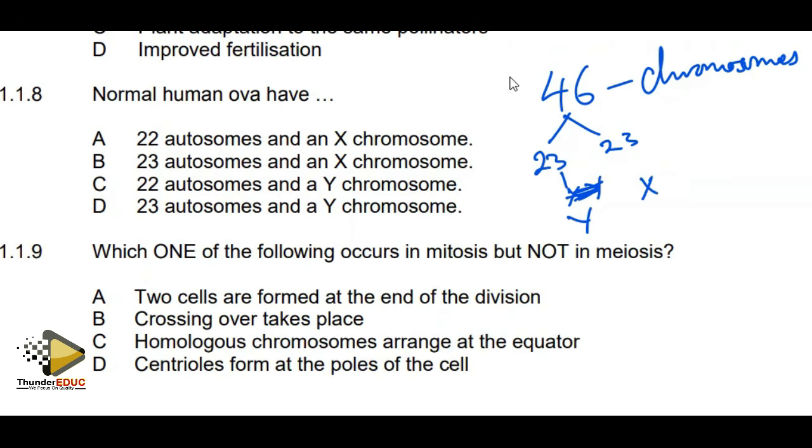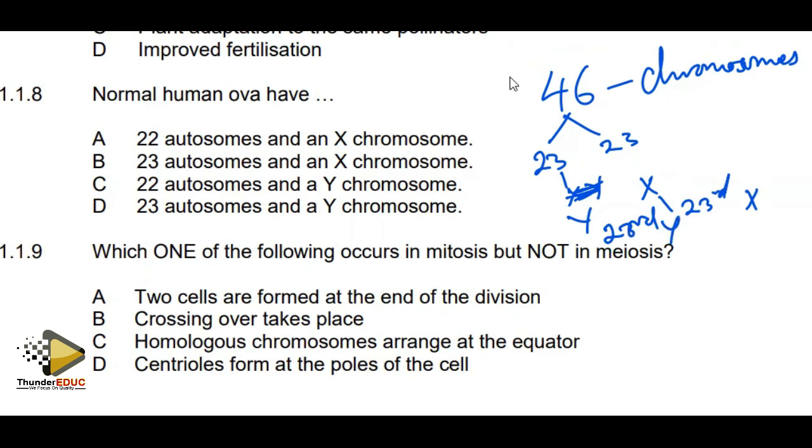But which chromosome number will have the Y and which will have the X? The 23rd chromosome is going to be X on the female, and the 23rd is going to be Y on the male.